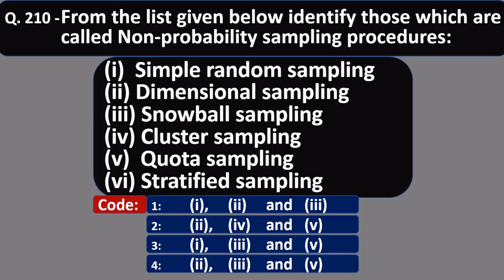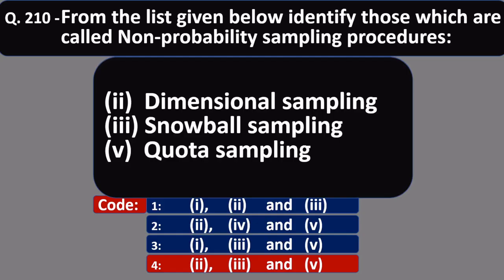See, simple random is probability, dimensional is non-probability, snowball is non-probability, cluster is probability sampling, quota is non-probability sampling, stratified sampling is probability sampling. So the correct answer is 4, 2, 3 and 5. Dimensional sampling, snowball sampling and quota sampling are non-probability sampling procedures.